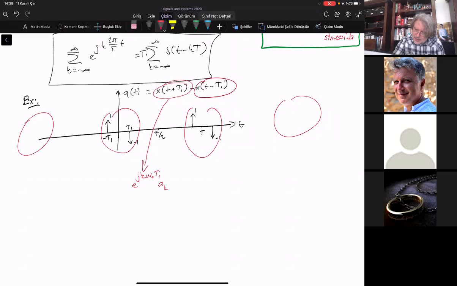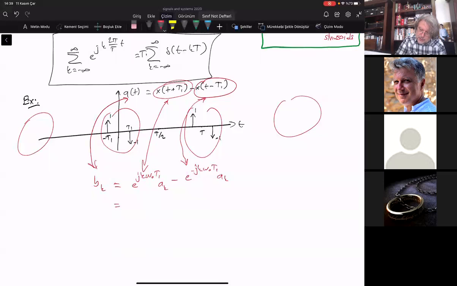And for the other one, it is e to the minus jk omega 0 capital T1 times a_k, and I put a minus sign in between, and these are the Fourier series coefficients b_k, using the linearity property. So these are the Fourier series coefficient pairs.